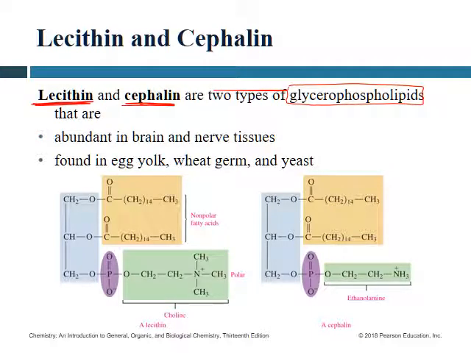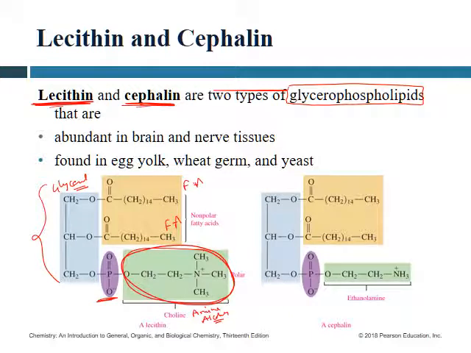If I say these are types of glycerophospholipid, it means they should have the same structure: glycerol, fatty acid, then another fatty acid, then phosphate and amine alcohol, right? The only difference between lecithin and cephalin is in the structure of the amine alcohol.